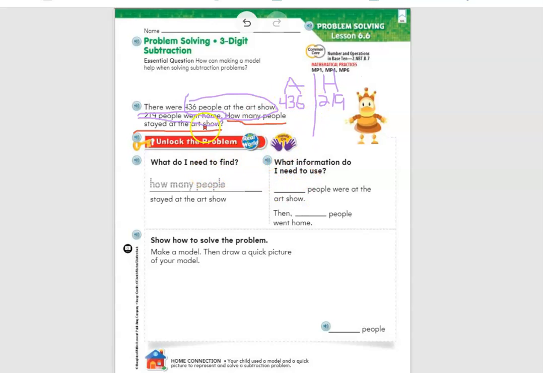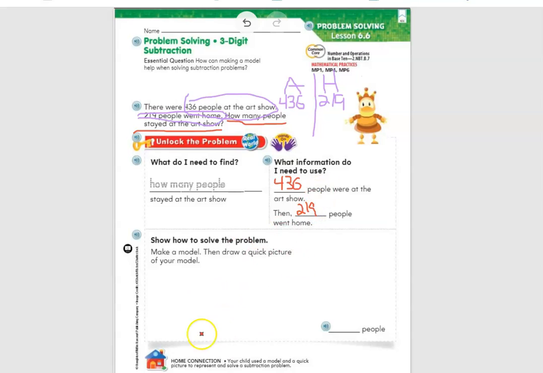And we need all of the information. There's nothing extra in this problem. We need it all. So we know we're going to take our 436 and put it right here because there were 436 people at the art show. And we know then, it's like sequencing. 219 people went home. So then 219 went home. All right. And now I'm ready to do my work.